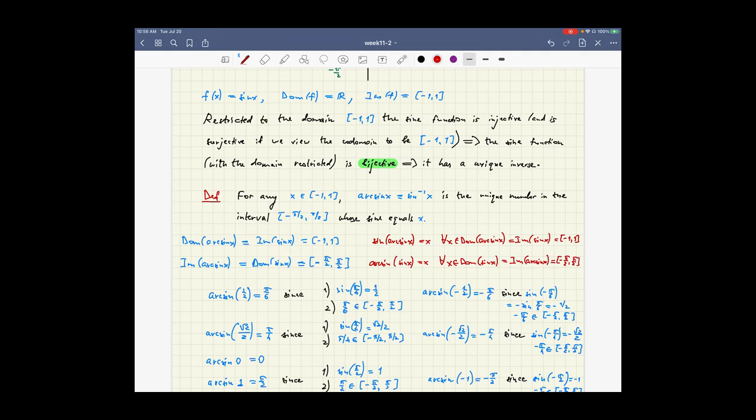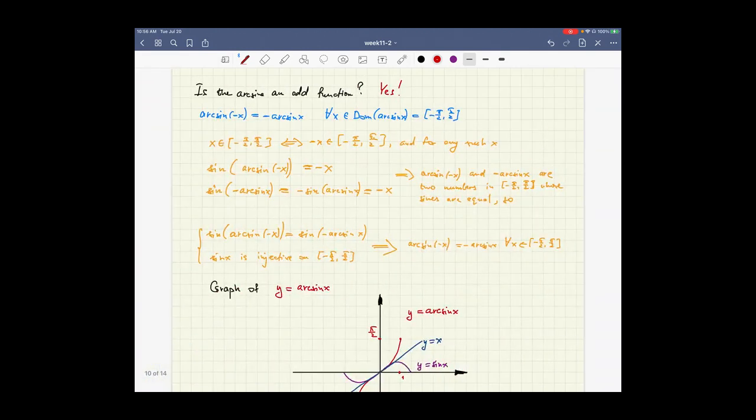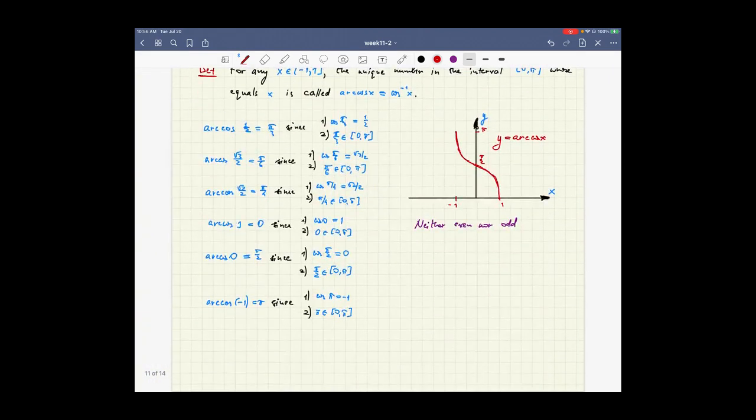And the same thing for cosine and arc cosine is that cosine of arc cosine of x equals x, and arc cosine of cosine of x equals x. That is for every x in the domain of arc cosine, which is of course the image of cosine, which is the interval negative 1, 1.